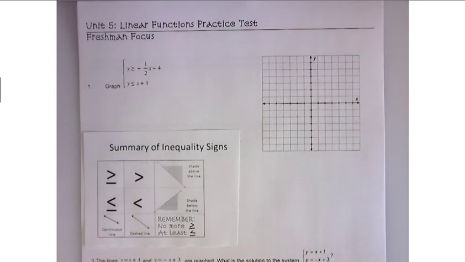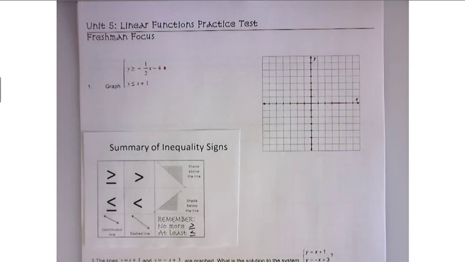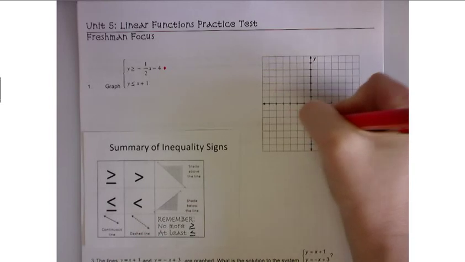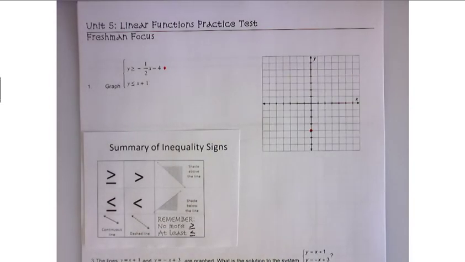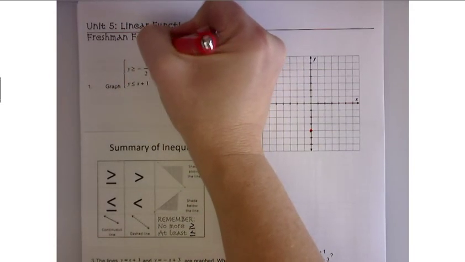And the nice thing about this graphing is that it's already in y equals form, so we can start with the starting point. So I'm going to start with this guy right here. I'm just going to make a little red dot so we know that this is the red line. I'm going to start at -4, because in the equation, this is your starting point.